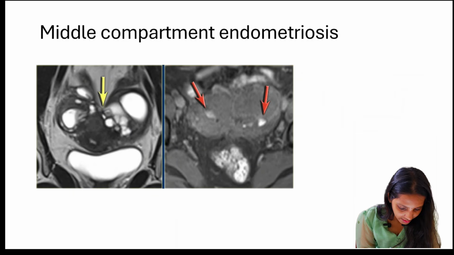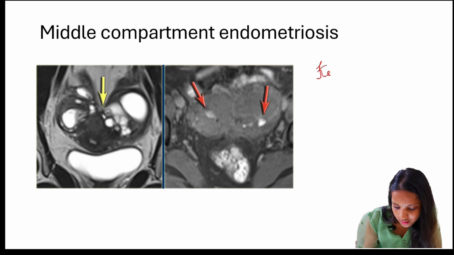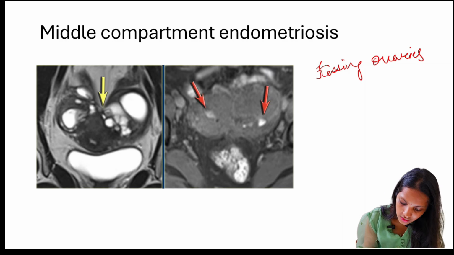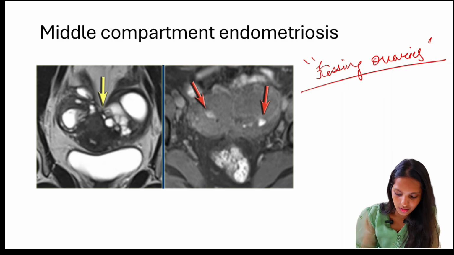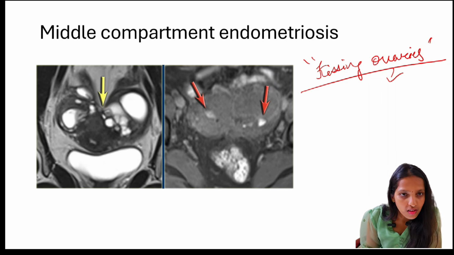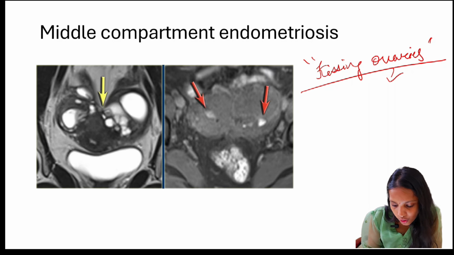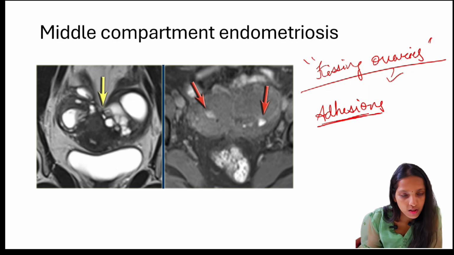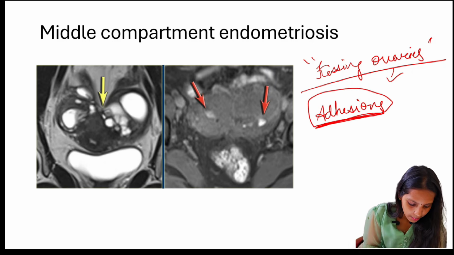And very commonly asked is the entity called the kissing ovaries. Do we actually find the kissing ovaries in every case of deep endometriosis? The answer is no, because the kissing ovaries are a form of endometriosis with underlying pathology of adhesions.